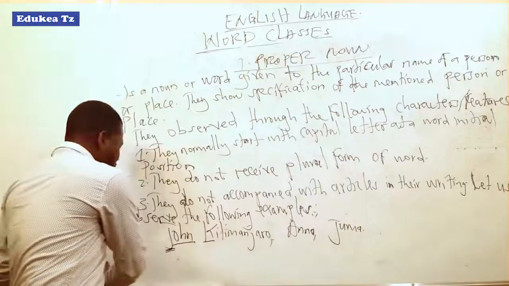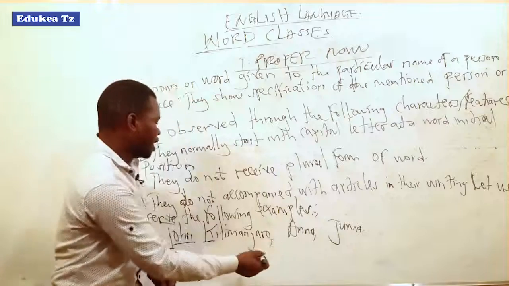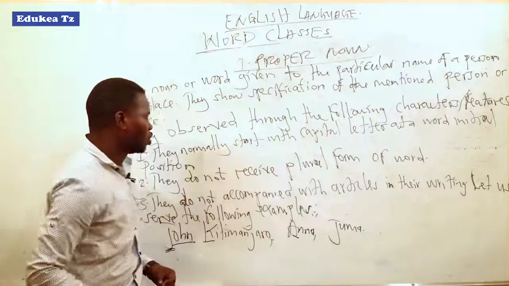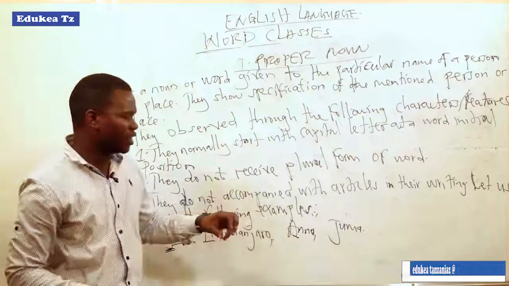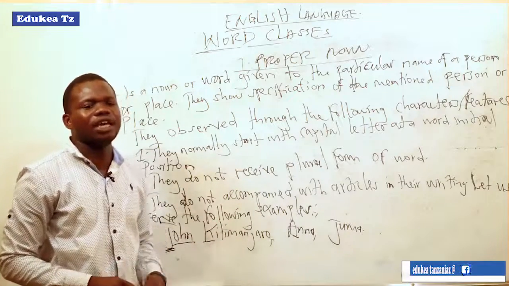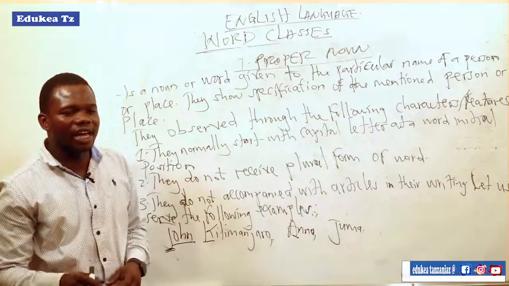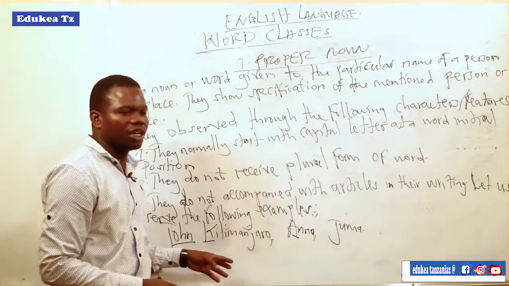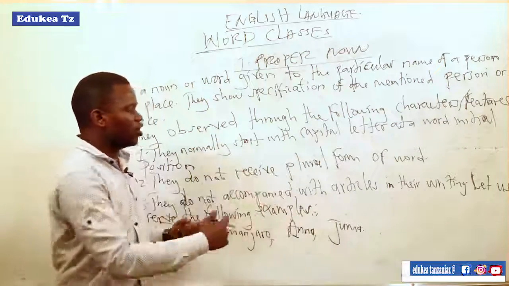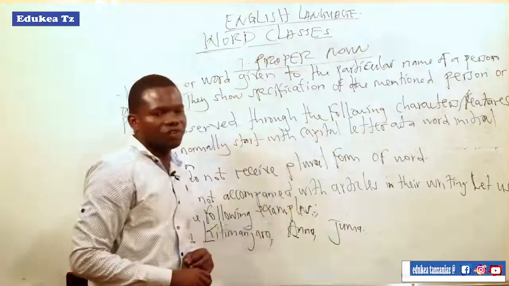Another example is the word Anna. As we see in this example, firstly, it appears with the initial letter A capitalized, regardless of the position the word has in a given sentence. That means whether it is in the first position, in the middle of the sentence, or at the last position of a sentence.